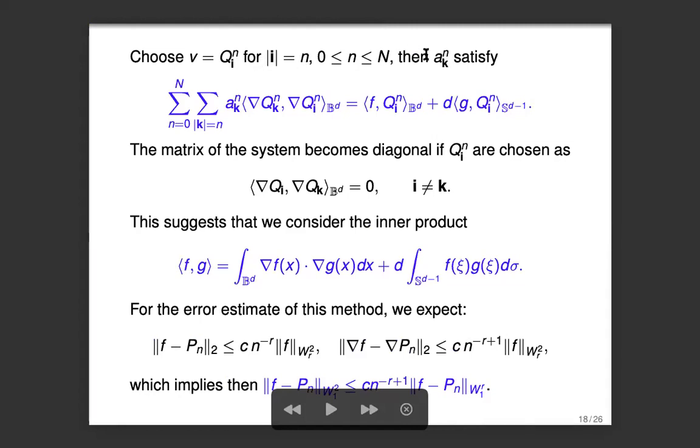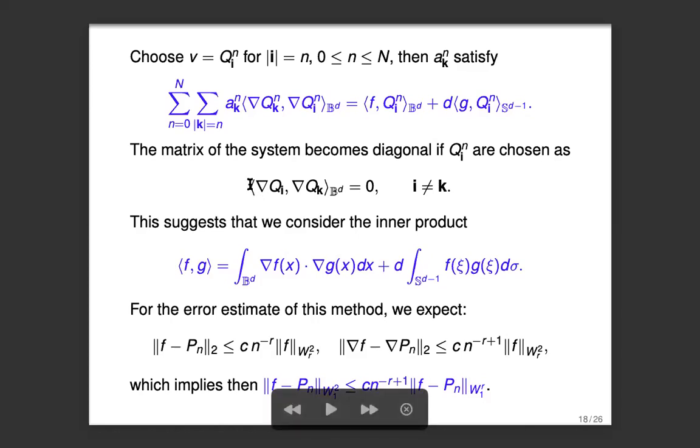Then my a_kN is going to satisfy this equation. You see, this is the linear system of equations. Of course, if you choose q_kN randomly, the matrix is going to be messy. But if you choose this equal to 0 for i not equal to k, it becomes diagonal. So that would be very, very simple. That's where the orthogonal polynomial comes in.